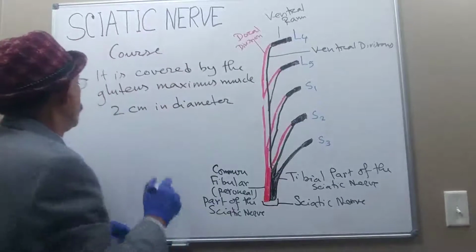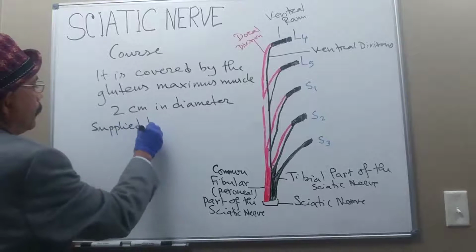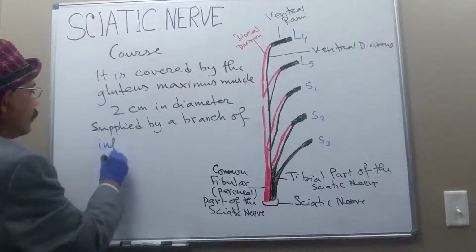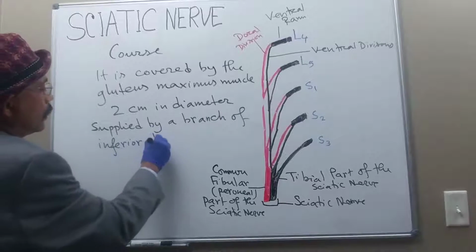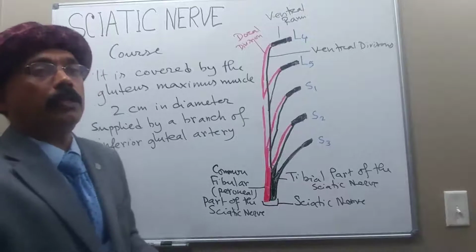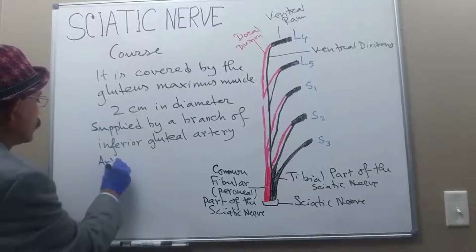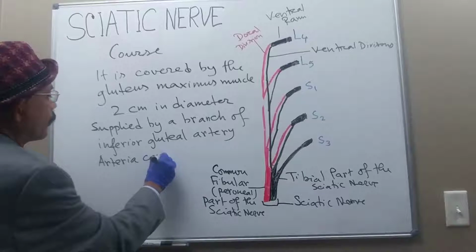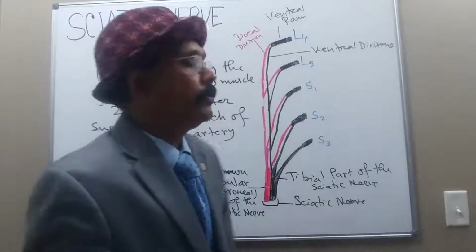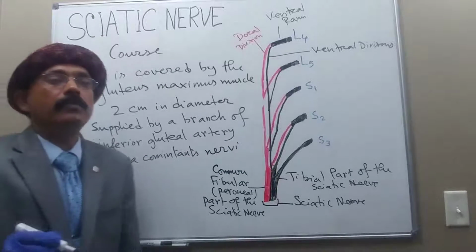This nerve is supplied by a branch of the inferior gluteal artery, and that is called arteria comitans nervi ischiadici.